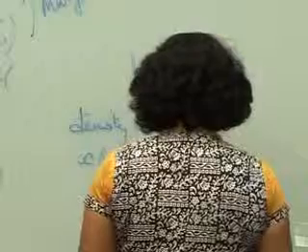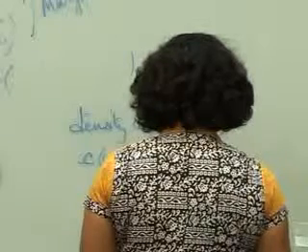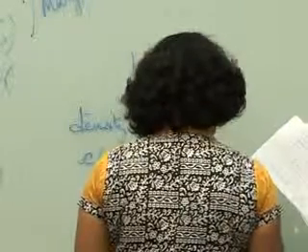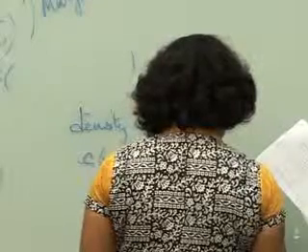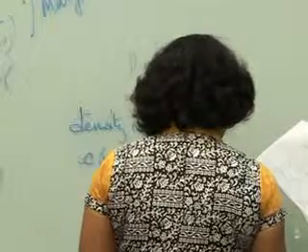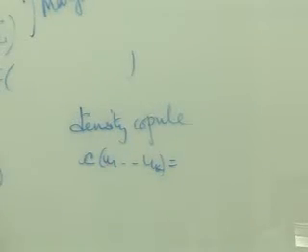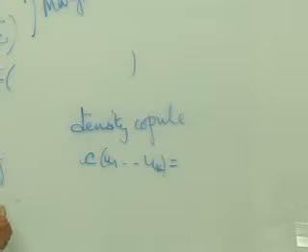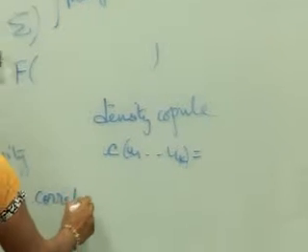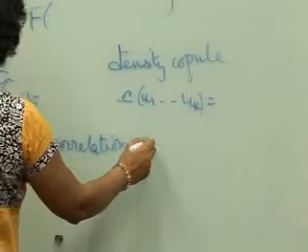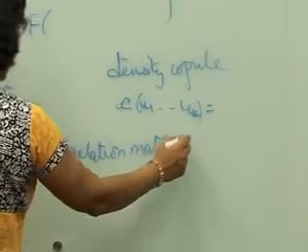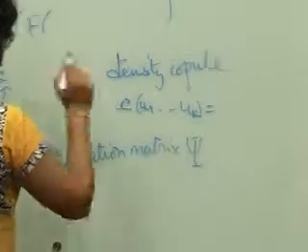So what you need is not the sigma, but from the sigma you need to go to the correlation matrix, and we'll call that the psi matrix.